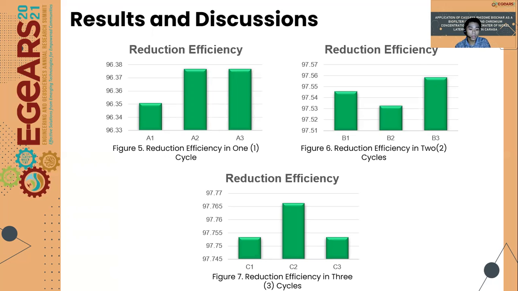For the 3 cycles, C1 has 97.75%, C2 97.77%, and C3 the same as C1, 97.75%. These are the results obtained from the water test.